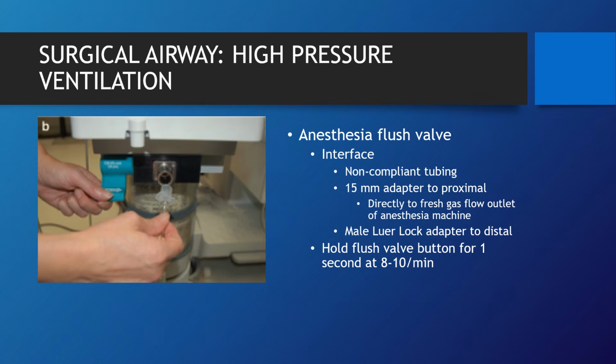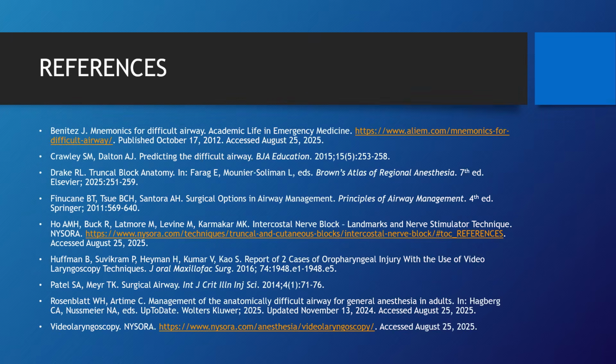On the proximal end, you would place a 50 millimeter ET tube adapter and connect this directly to the fresh gas flow outlet on the anesthesia machine. And in the distal end, you'd put a male Luer lock adapter and connect it to the cannula. And then hold the flush valve button for 1 second at a rate of 8 to 10 per minute.